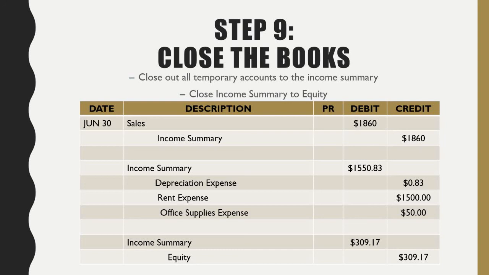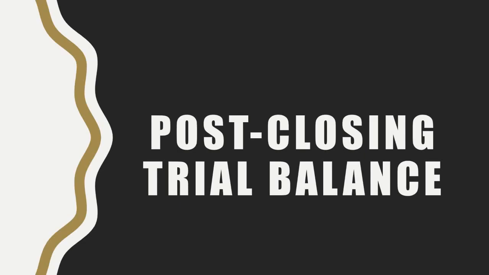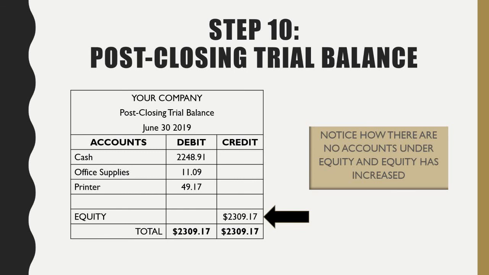And once you've done this, because we did a journal, we have to post it to our ledger. And when we post it to our ledger, that's where we must complete a post-closing trial balance. And here's the thing. By then, you have no revenues and no expenses to place in here. So the only thing that you'll have is basically all of your assets and all of your liabilities, because those are permanent accounts.